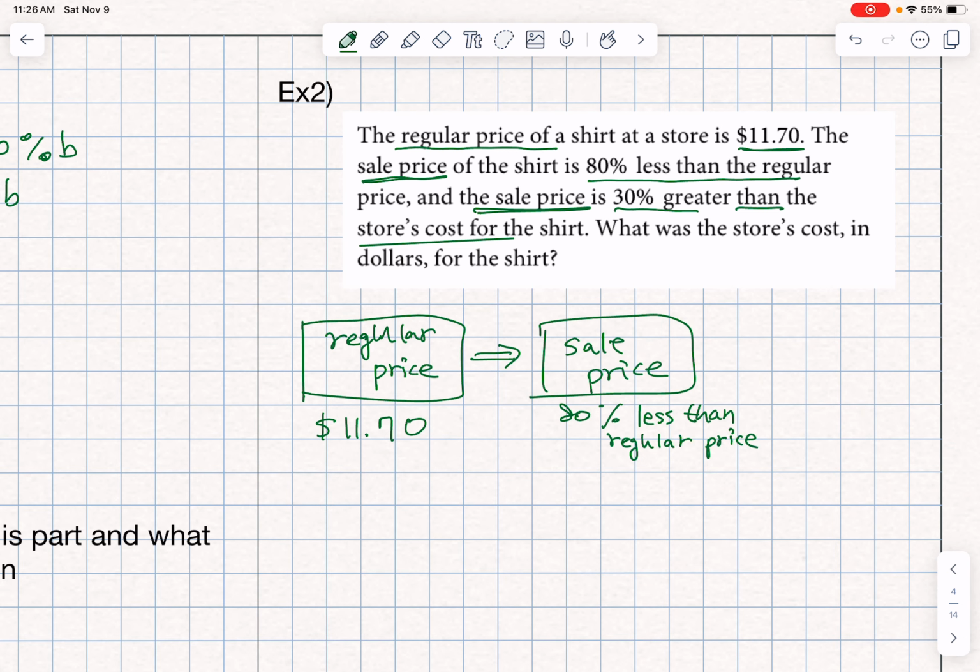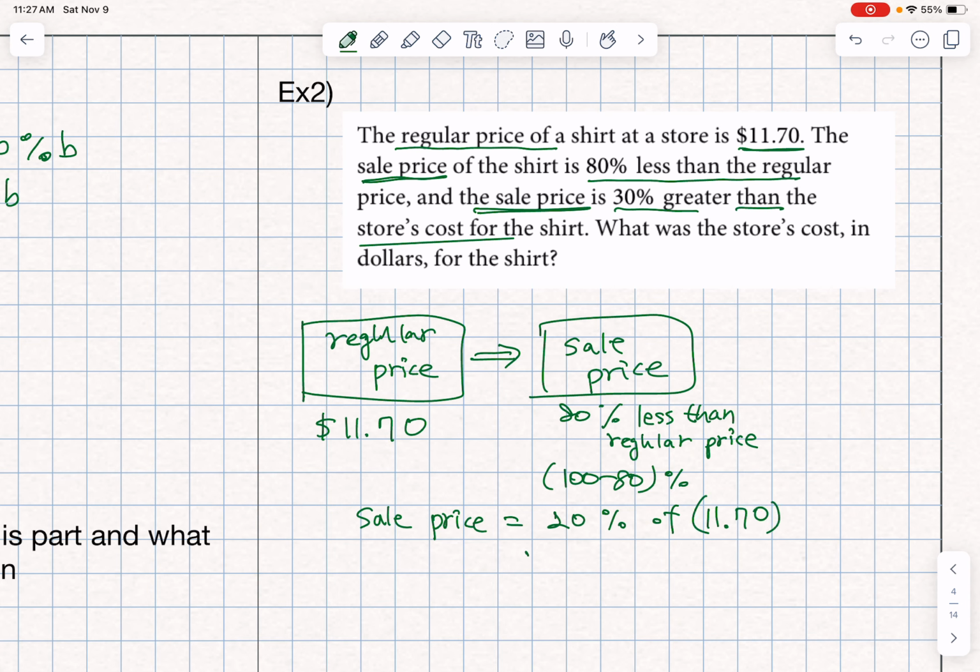So we can say 80% less than means 100 minus 80% of the regular price, which is $11.70. So the sale price is 20% of the regular price, which is $11.70.